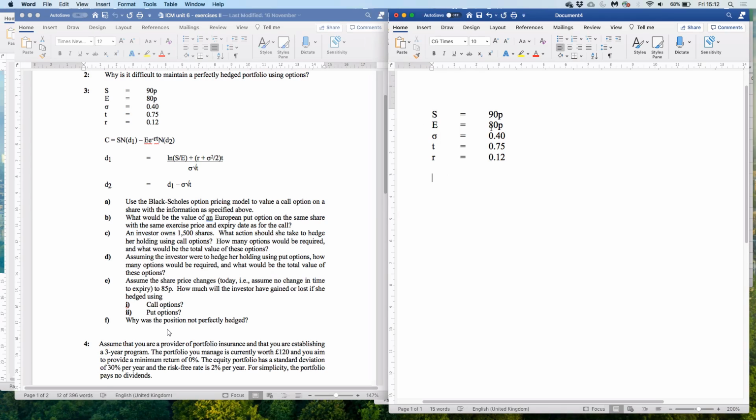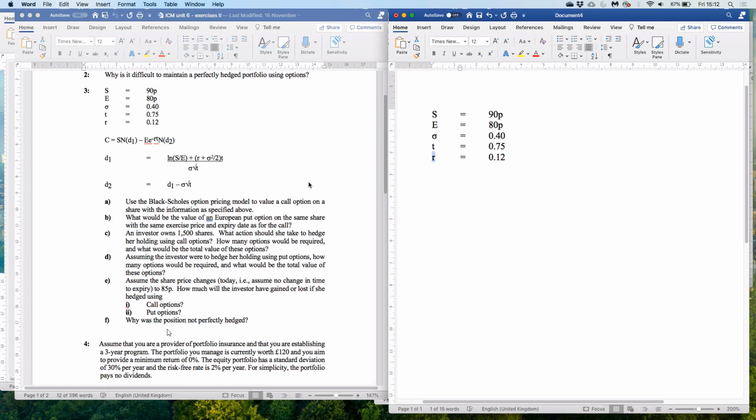The exercise price is 80 pence. The volatility, or the risk of this option, is 0.4. The T, time to expiration, is 75% or 0.75, and the risk-free rate is 12% or 0.12.